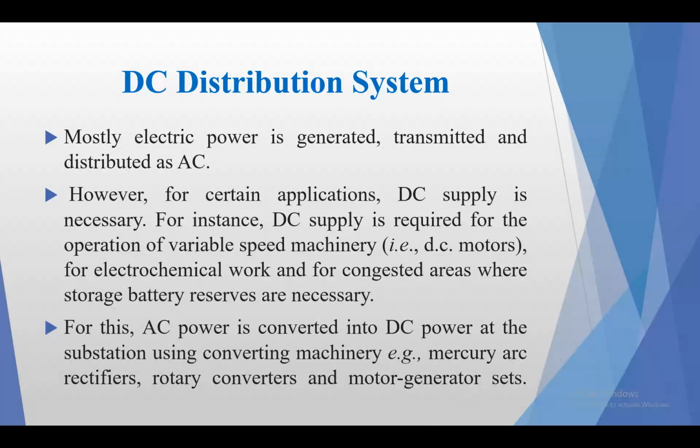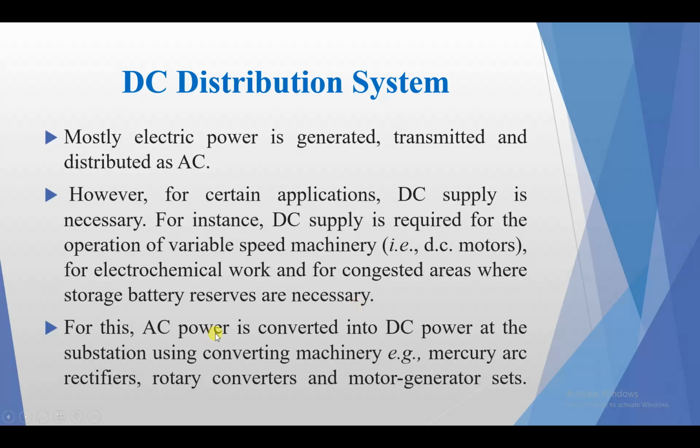Then another distribution system is the DC distribution system. We know that electric power is generated, transmitted and distributed in AC, but there are certain applications where DC supply is necessary. For instance, DC supply is required for the operation of variable speed machinery, that is the DC motor, for electrochemical work and for congested areas where storage battery reserve is necessary.